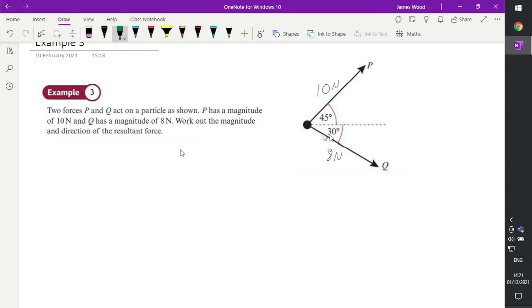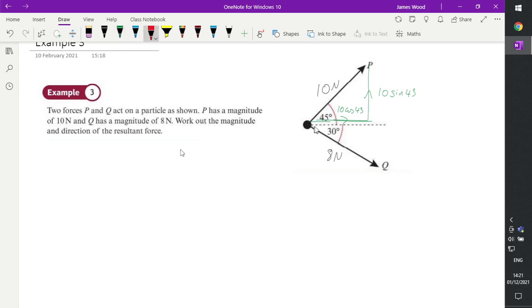So let's resolve P first of all. That's got a force across and a force upwards. The vertical force here is going to be 10 sine 45 because it's opposite the 45, and the horizontal force is 10 cos 45 because it's adjacent to the 45.